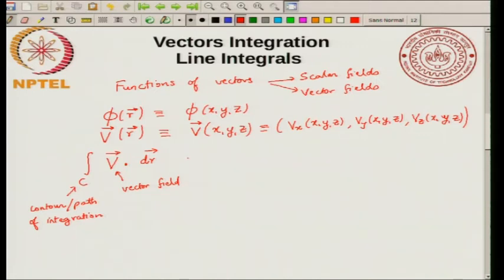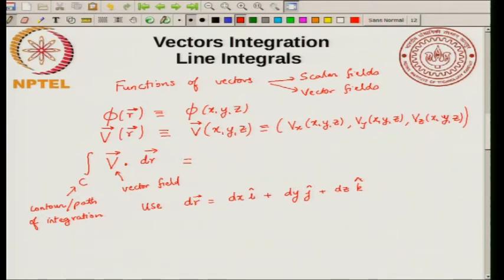If you want, I can expand this out. Use dr equal to dx i plus dy j plus dz k.